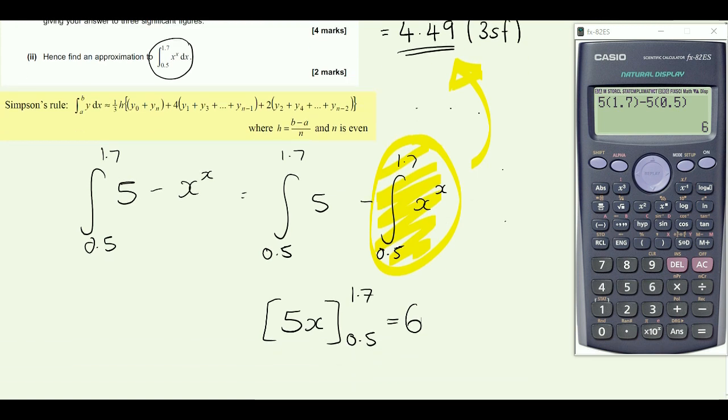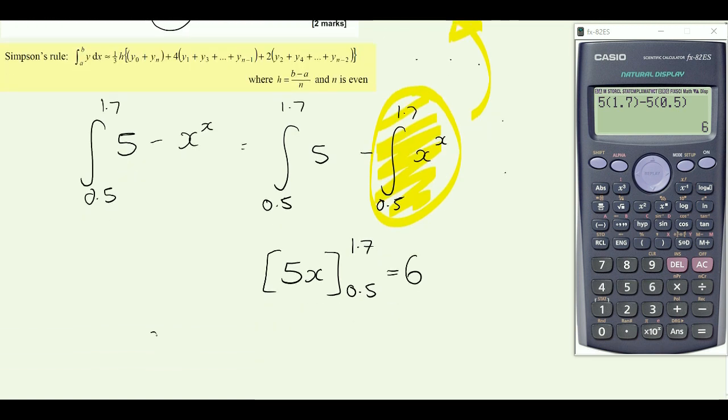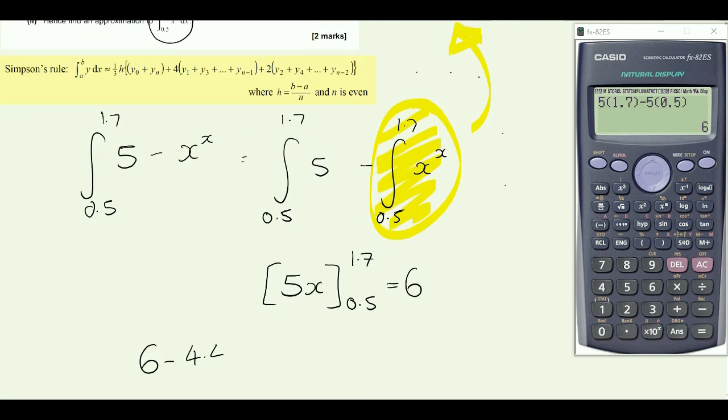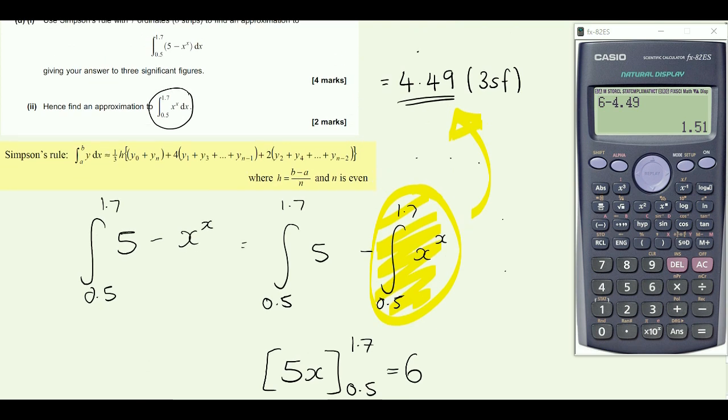So when we are estimating x to the x, we need to do 6 minus the 4.49, to give us 1.51, which is the correct solution to the approximation. Because when we actually integrated this first thing, we were including this 6 more that we didn't actually need.